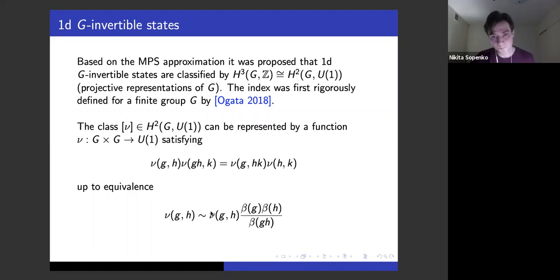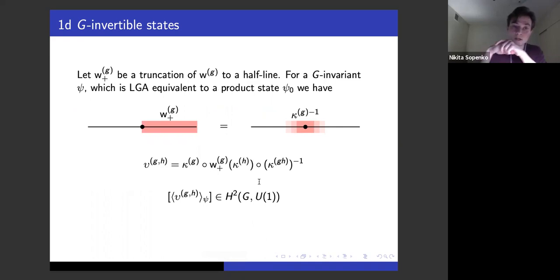Let me remind you that the class can be defined by a function depending on two elements, which satisfies some cocycle condition up to a certain equivalence. We can produce this function in the following way. We have this automorphism that acts on our algebra. And since it's on-site, we can consider its restriction to a half-line.